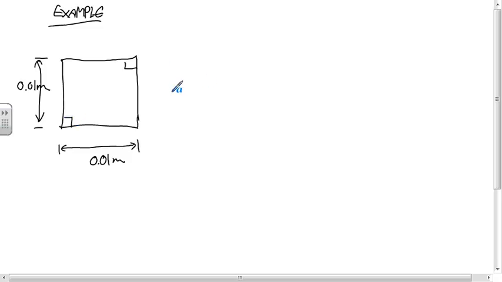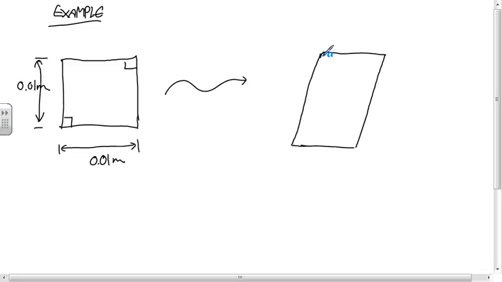And after deformation, you get, well, let's say that this is 1.3 radians.